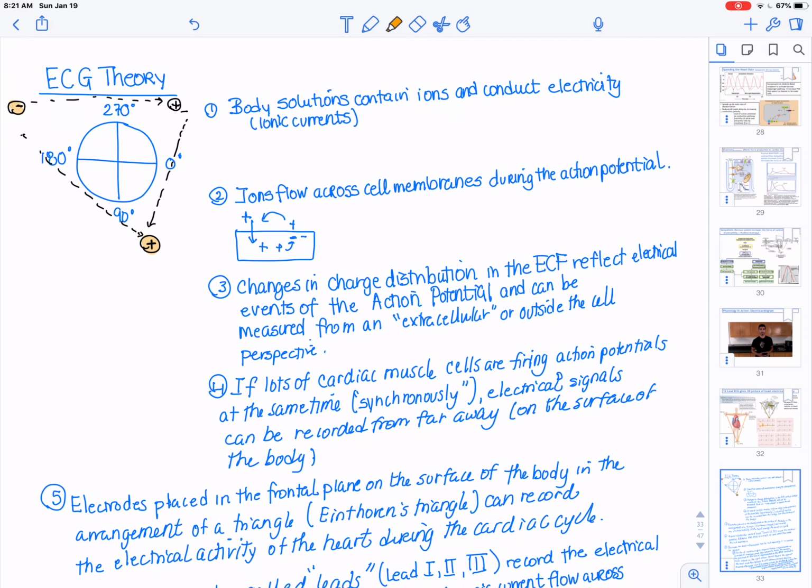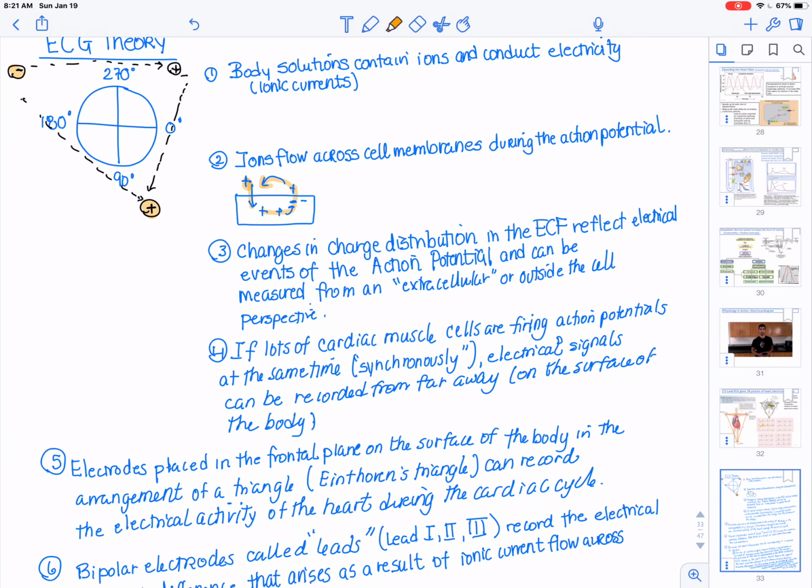And when ions flow across the cell membrane through ion channels as a result of events like the action potential, there are currents that travel, so charge moves, and we can put electrodes in different places and look at the difference in charge that arises as a result of that current flow.